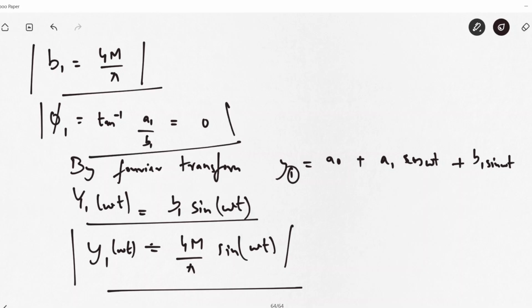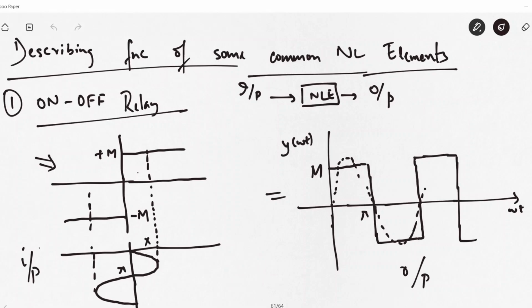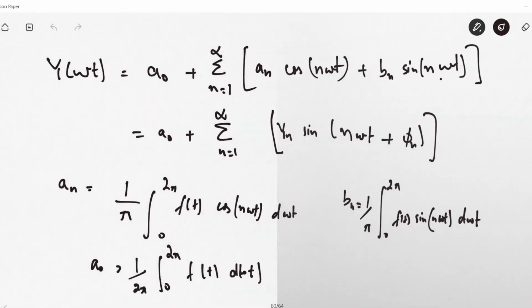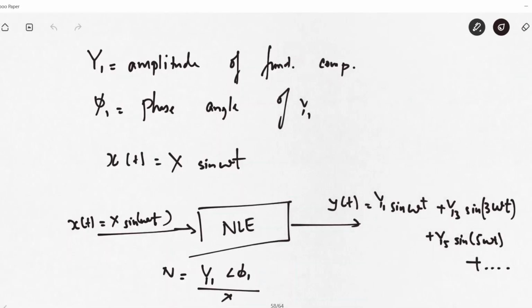So regarding the describing function that we discussed yesterday, we have defined the describing function as n equal to y1 angle phi 1 divided by x, where x is the magnitude of the sinusoidal input.